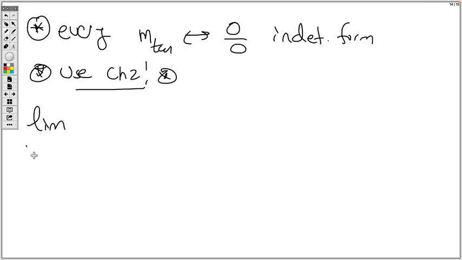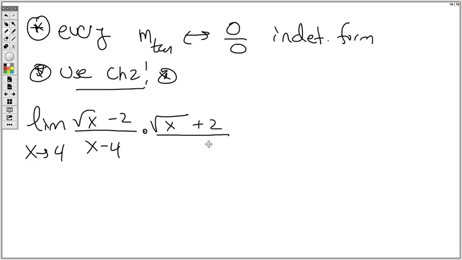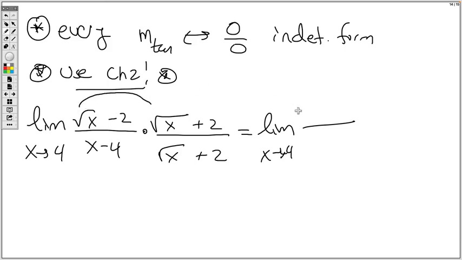So in this particular case, we're going to hit it with the conjugate. What's the conjugate do for us? In the numerator now, I get root x times root x, which is? What happens to the middle terms?